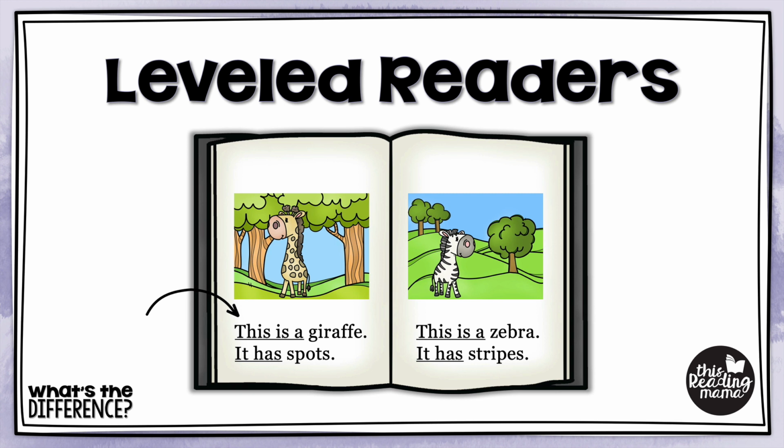Now, the predictability of the sentences can be problematic because I would argue it encourages and even enables learners to just memorize the book, not to actually read the words themselves. So our learners may sound fluent, but they're not really focused on the actual words.